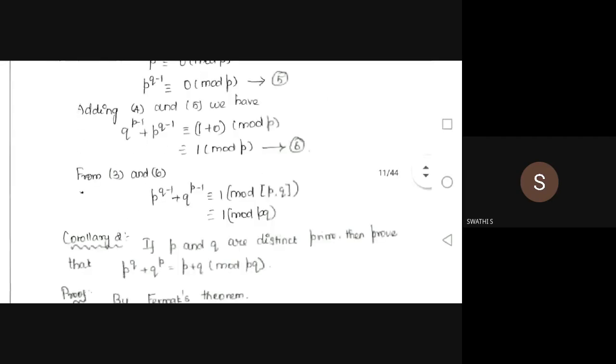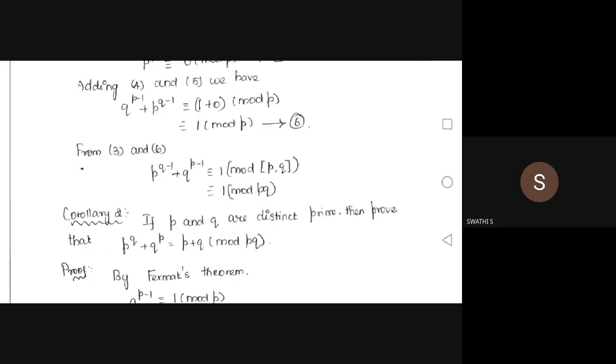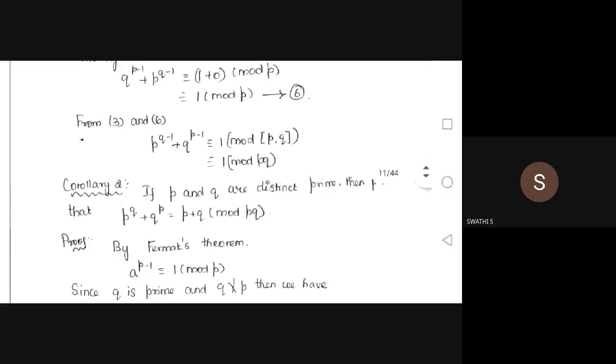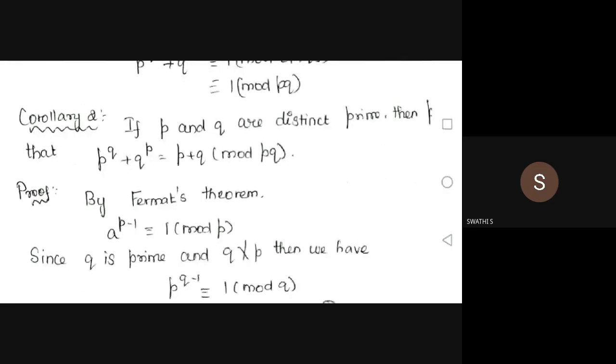Here we are going to prove P power Q plus Q power P is congruent to P plus Q mod PQ. We know the statement of Fermat's little theorem: A power P minus 1 is congruent to 1 mod P. Here P and Q are distinct primes, which is given.